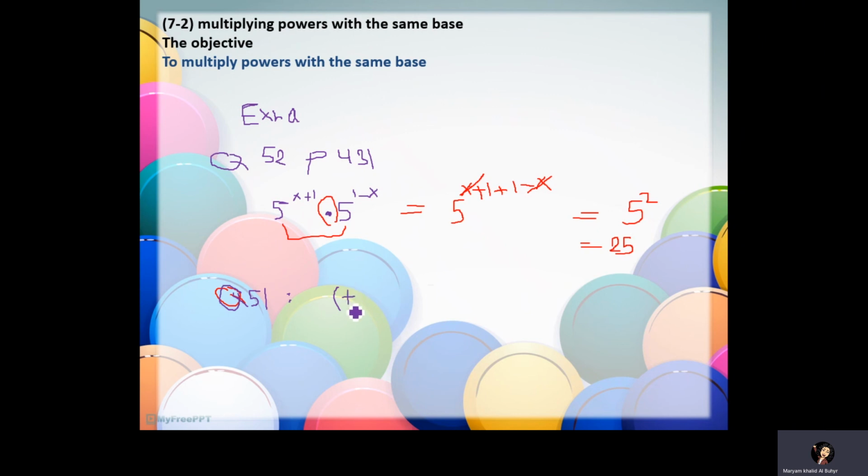You have t plus 3 times t plus 3. The power here for this one is, I forgot to write the power, 4 over 5. The power here is 2 over 5. Are you scared?